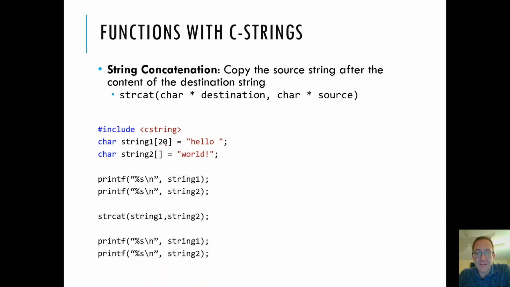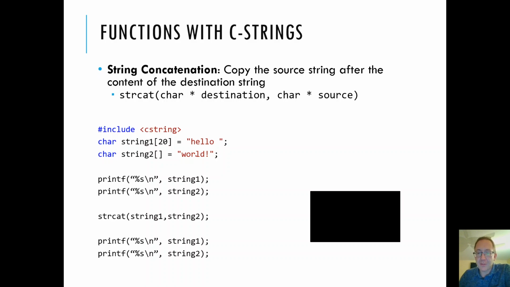I better have enough space for it. Notice the array for hello is size 20, because it needs enough space to also hold the word world afterwards. I get hello first, world second.